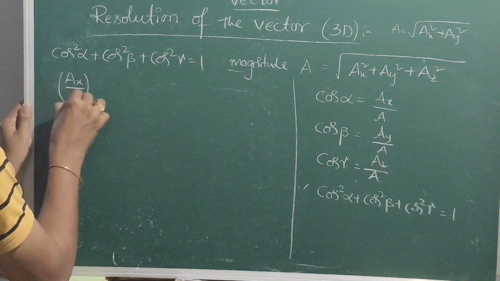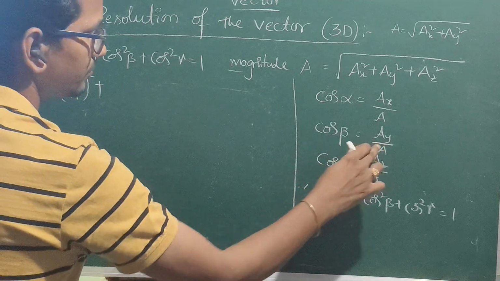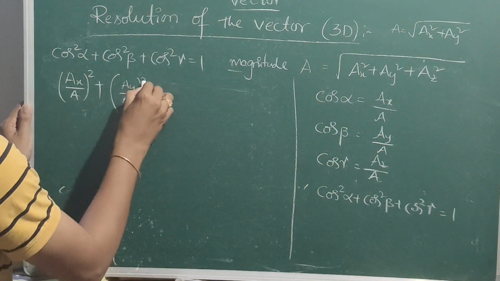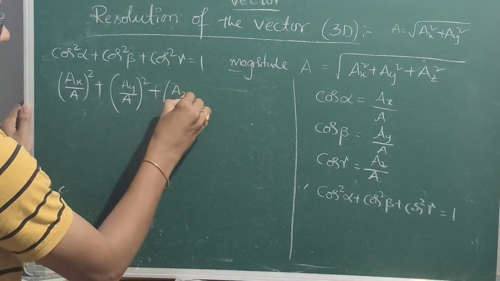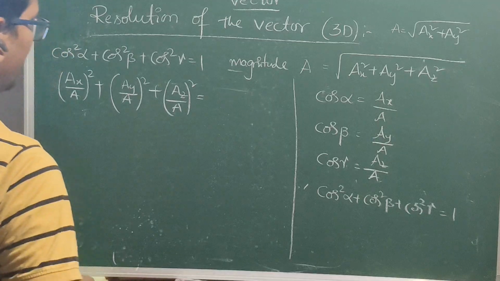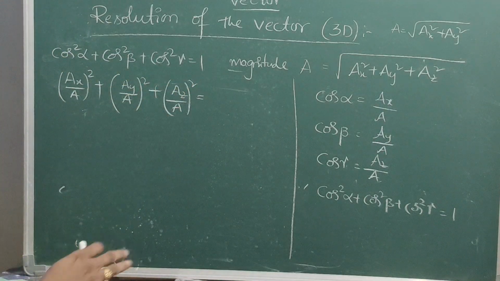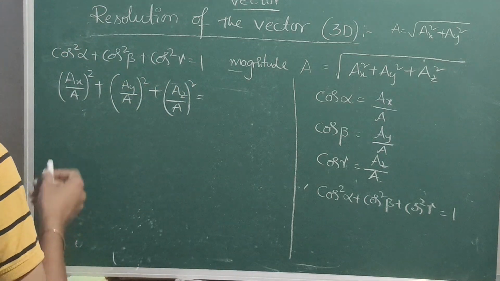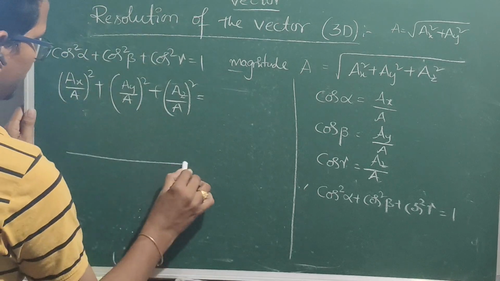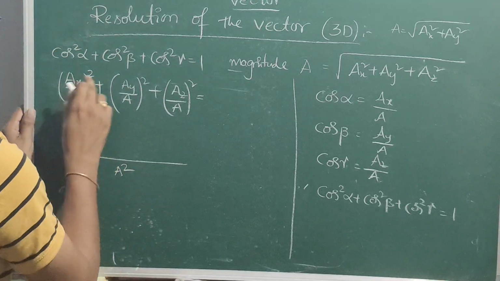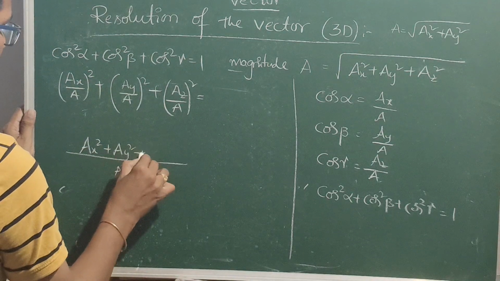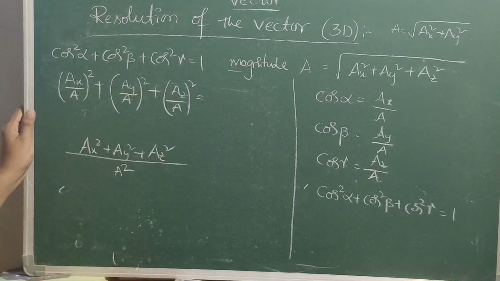Ax by A whole square, plus cos beta, Ay by A whole square, plus cos gamma, Az by A whole square, is equal to... we want to find whether it is equal to 1 or any other number, we can prove it. What is the first one? A square, A square, A square, always the LCM is A square: Ax square plus Ay square plus Az square.